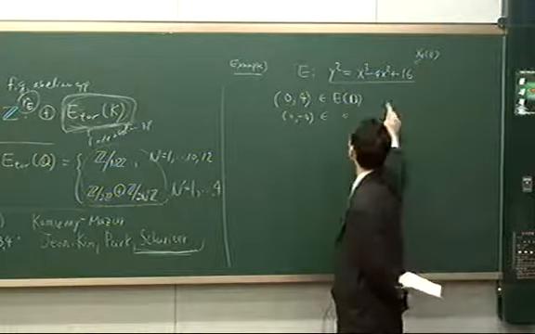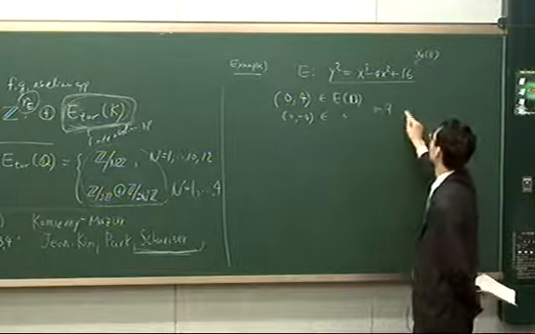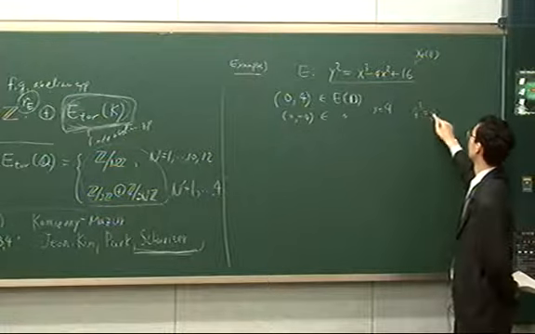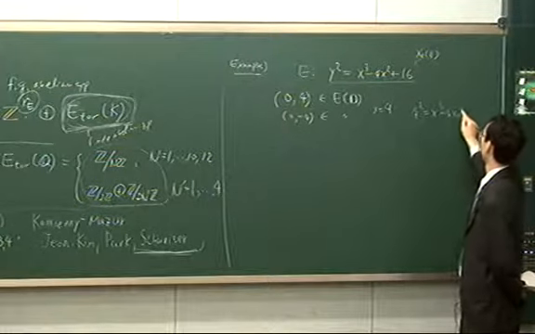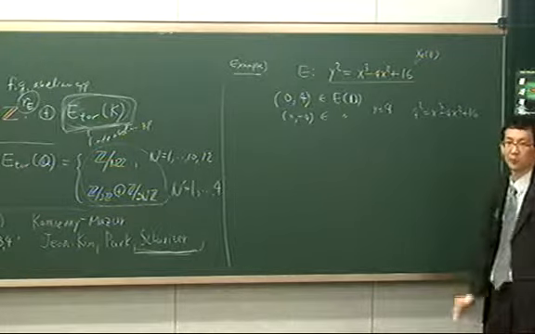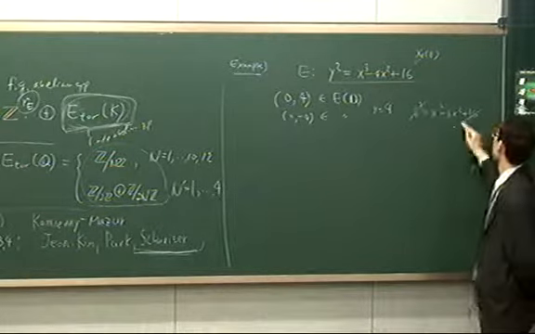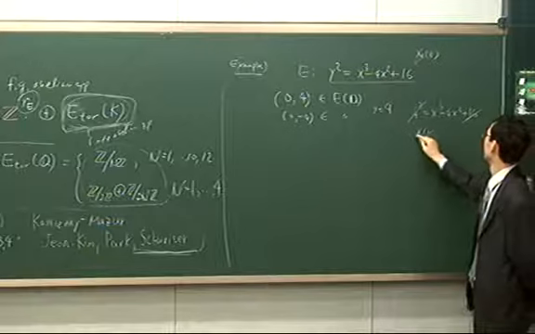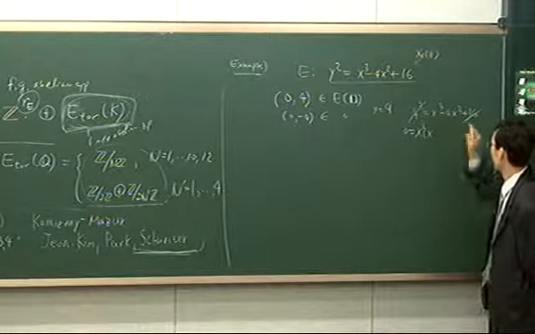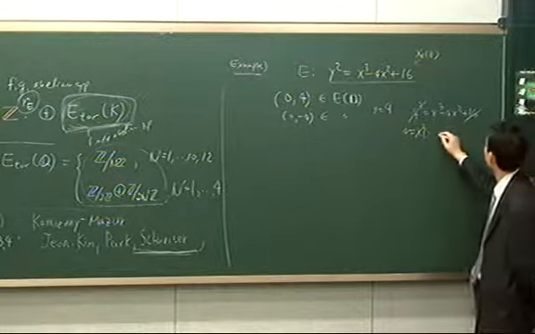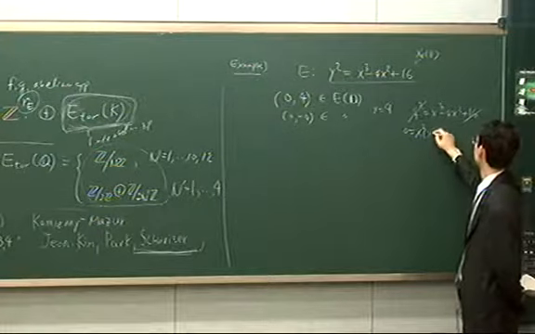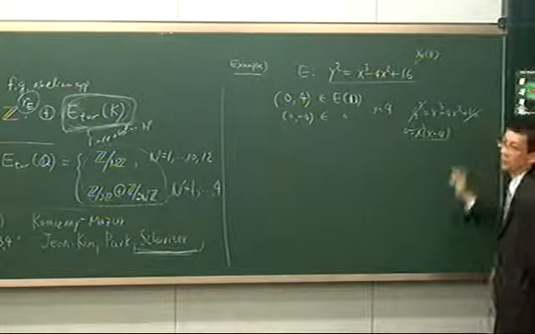If we let y equal to 4, then 4 squared equals x cubed minus 4x squared plus 16. So if we factor this cubic, then we have another element.